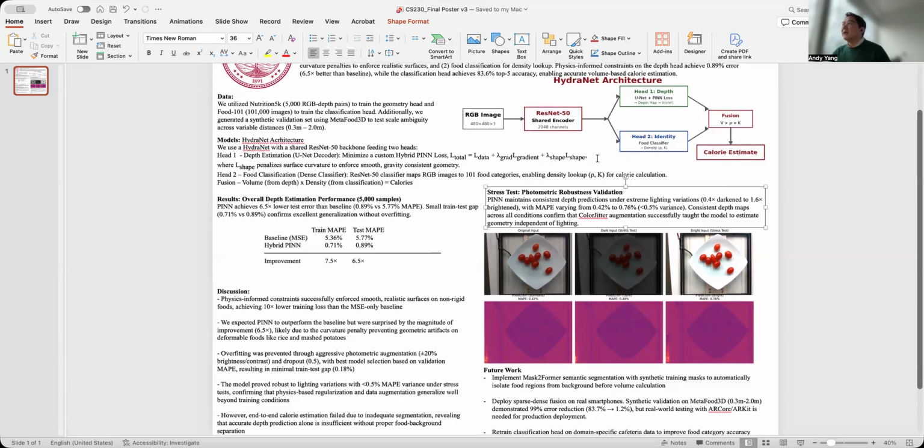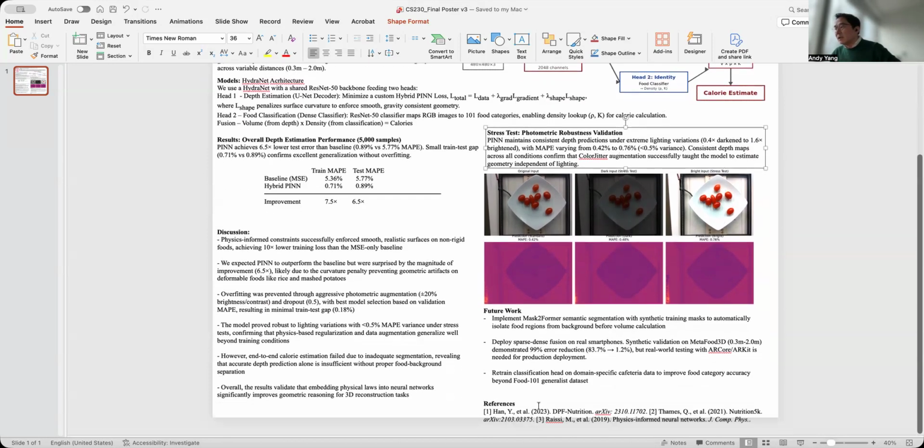I also specifically calculated the calorie by implementing it end-to-end. There was a benchmark in the reference paper, the state of the art, of about 14% error right now. However, I was not able to do better than that because the major issue was the segmentation.